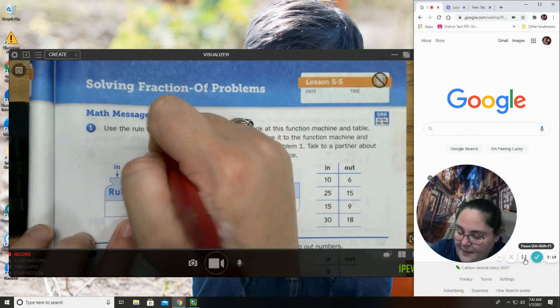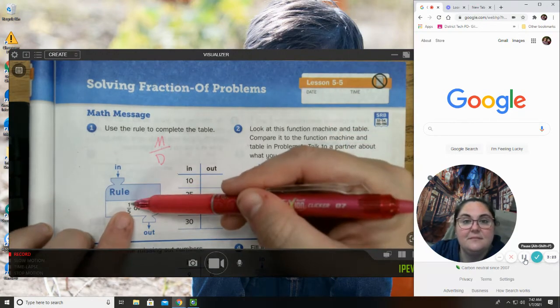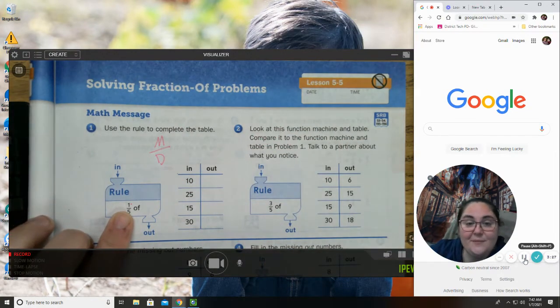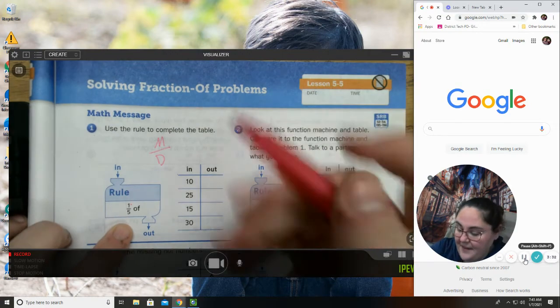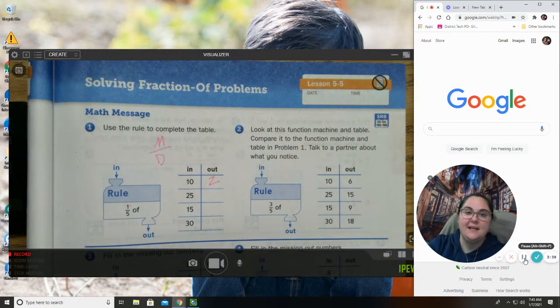Again, multiply by the top, divide by the bottom. 10 times 1 is 10, divided by 5 is 2. That means that if I take 10 pieces and split it between 5 people, each person would get 2 pieces. Does that make sense?